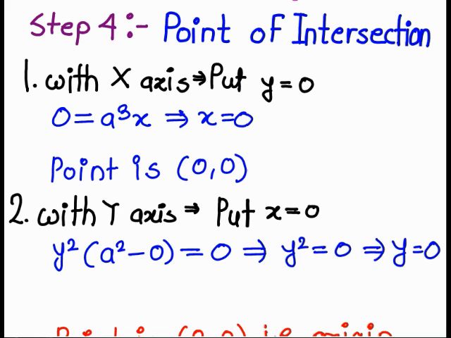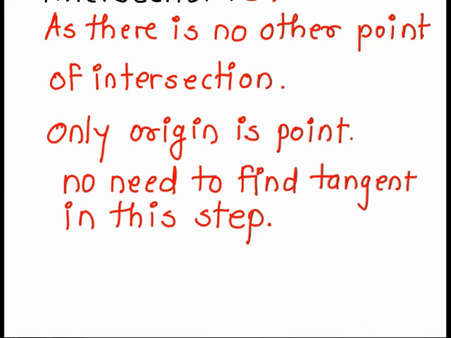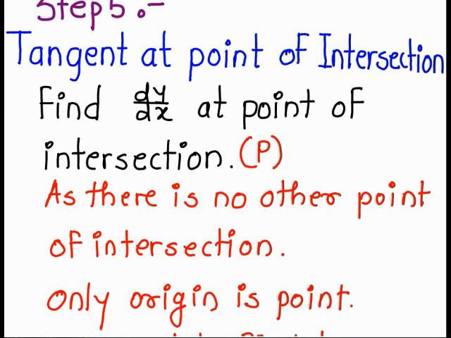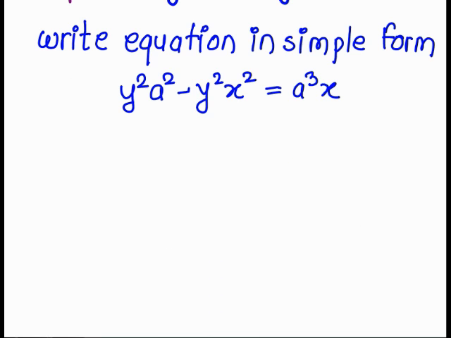From step 4, we find the points of intersection with the x-axis and the y-axis, and if you observe, we get only the origin point, which we already calculated. In step number 5, we need to check the tangent at origin, which we already found.